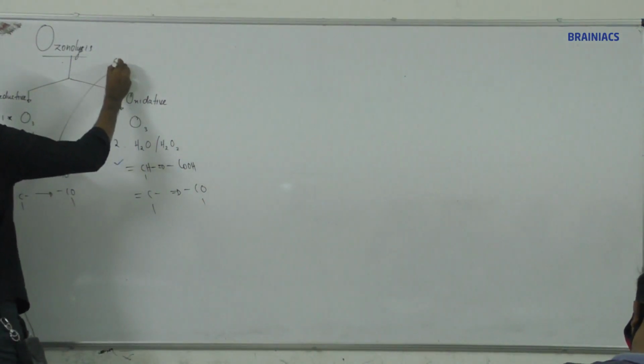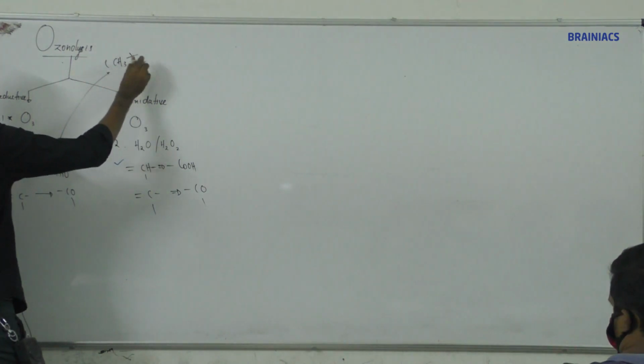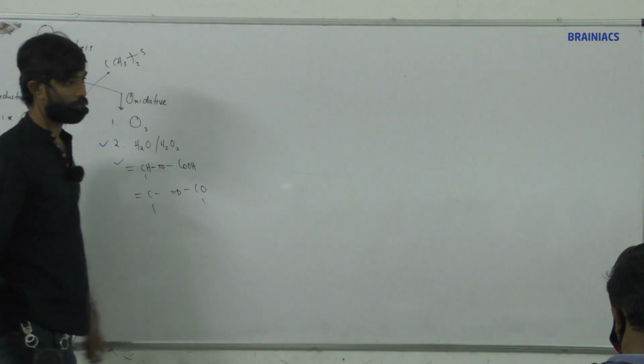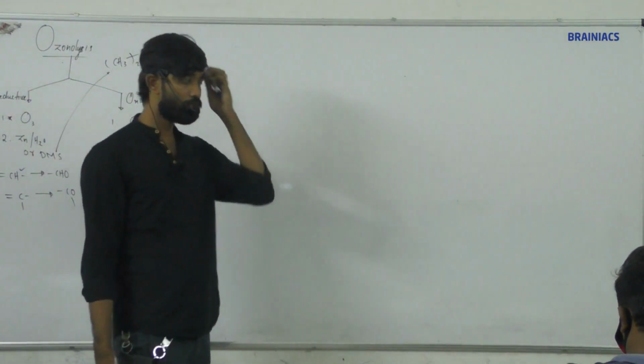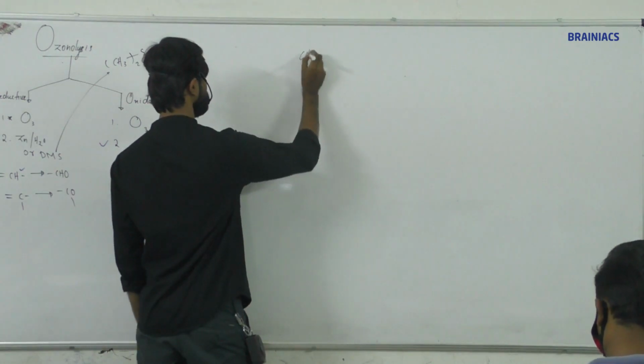DMS is dimethyl sulfide, 2 methyl groups attached to a sulfur. So let's have some examples.